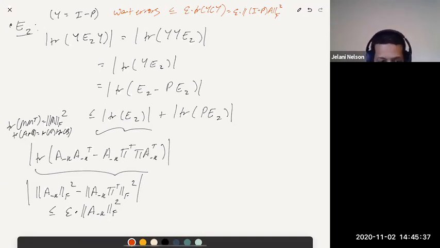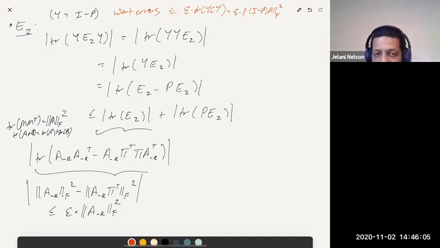Okay. What is A minus K? A minus K, did I forget a Y? Oh, that's just answering a previous question. So what is A minus K? A minus K is the error you get left when you apply the optimal rank K approximation to A. So A minus K is like I minus P star times A, where P star is the best rank K orthogonal projection.